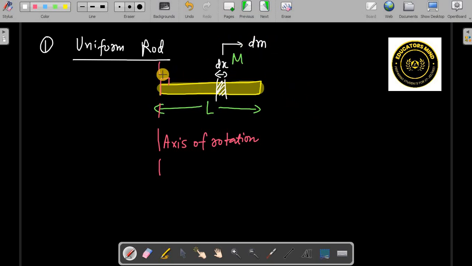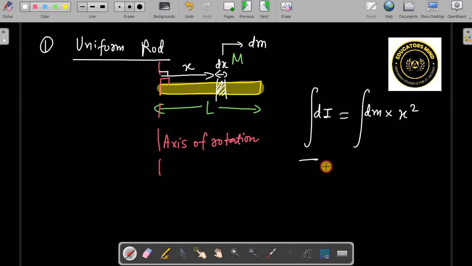The distance from the axis is, let's say, x, the perpendicular distance. So the small inertia is the mass into radius squared, the radius is x, so x squared. Then the net inertia will be the integration of x squared into dm.